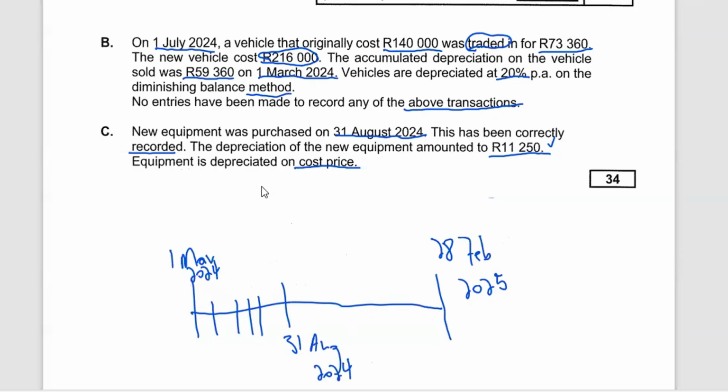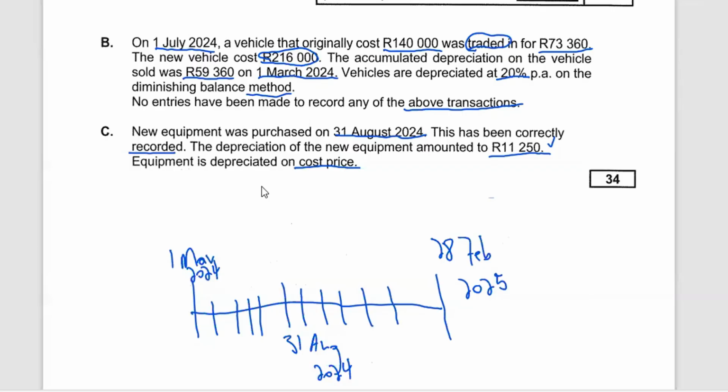So since it was bought 31st August 2024, which was the last day of the month, it means when did you start using it? We started using it the following month, which is September, October, November, December, January. So how many months did you use it for? 1, 2, 3, 4, 5, 6. So we used it for 6 months.